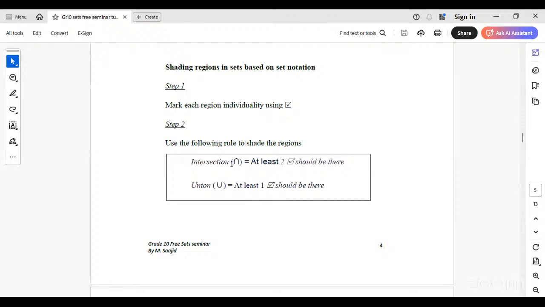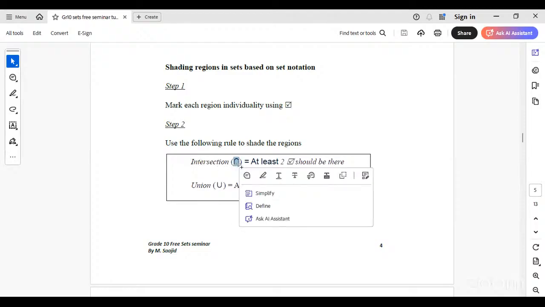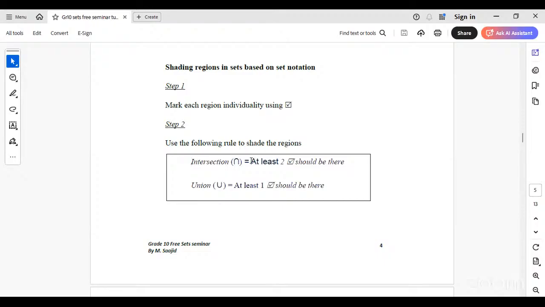This is called intersection. There should be common elements in the intersection. That means you have to have at least two ticks. This is union. Union means you have to have at least one tick.